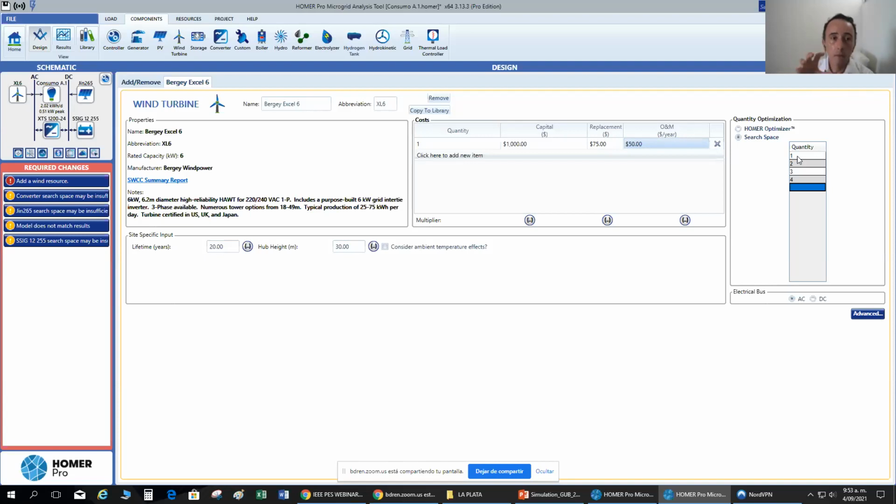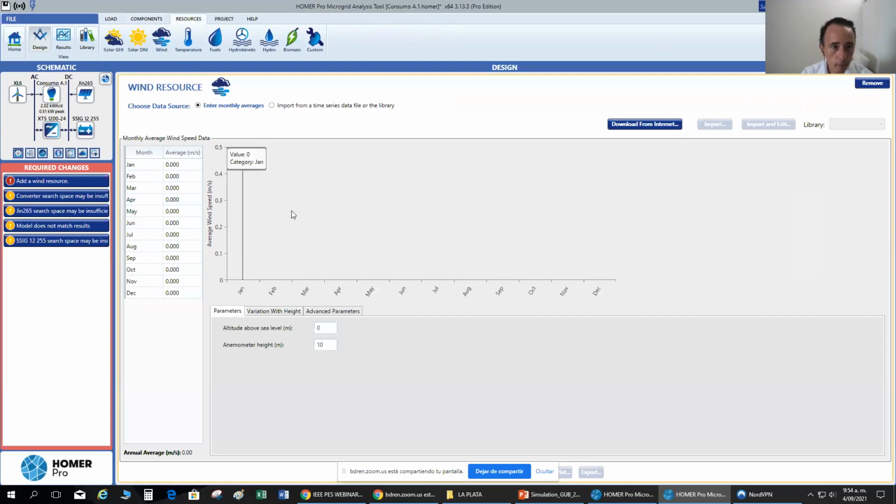Because right now I haven't told it that I have a wind resource. It doesn't have any wind resource. So look here, at the top right side, the system is not ready to be simulated.